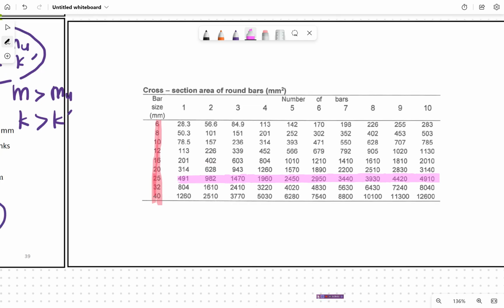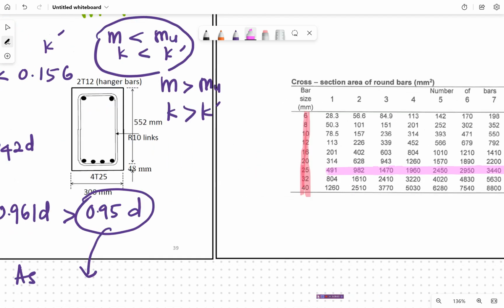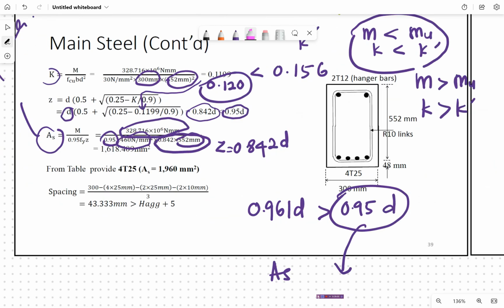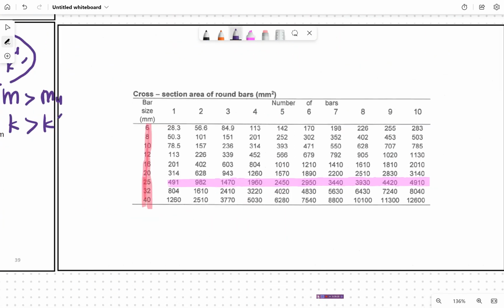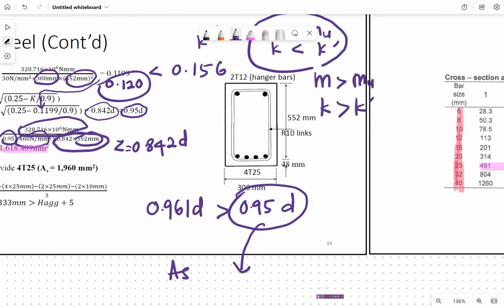Refer to the value of AS, which is 161 when 8.409 mm square, then put up here 0.409.